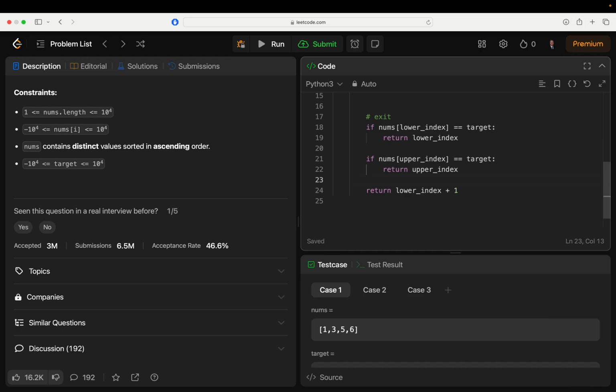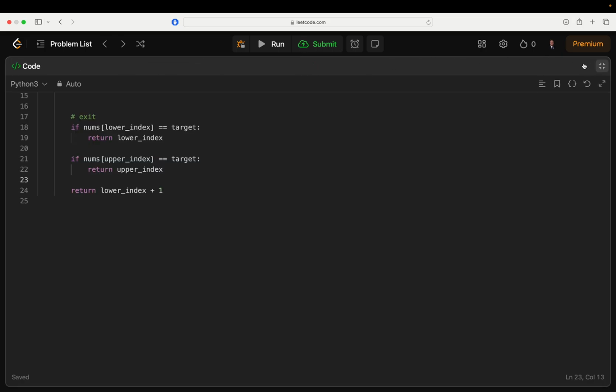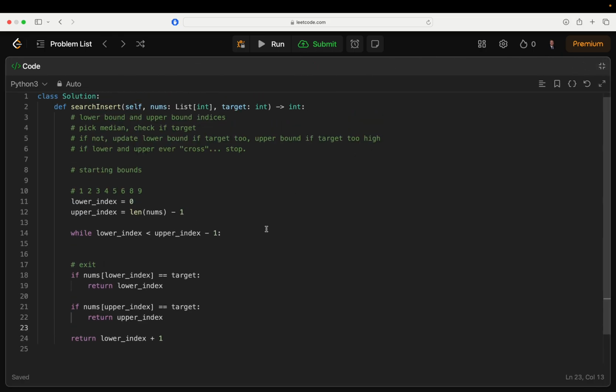I feel like there's one edge case that I'm not considering here. I think it's just when nums has a length of 1. But let's just write out the actual code, and then we'll worry about the edge case later, because maybe it'll get caught. Who knows?